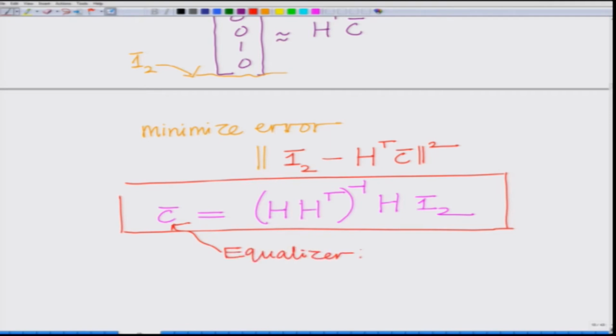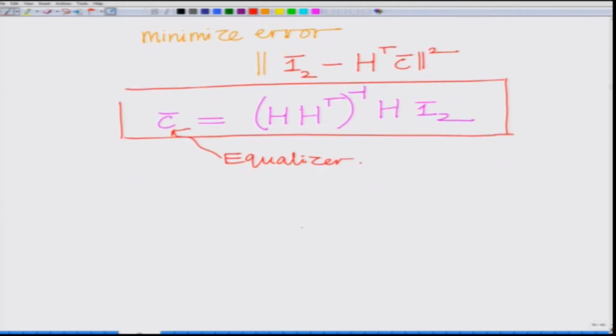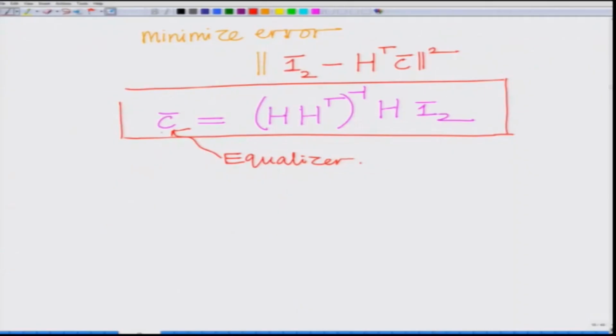Now, we want to find out how good this equalizer is, that is, how good an approximation this is to the vector 1 bar 2. So, we want to find out the error, which is this approximation error.